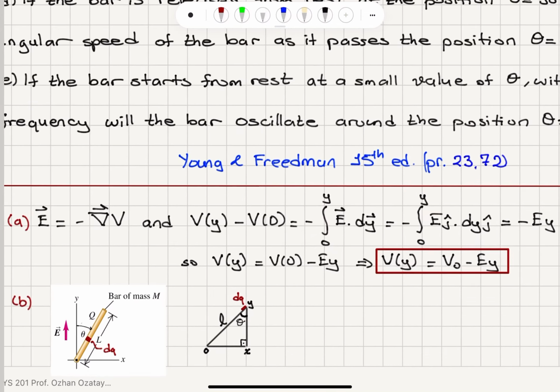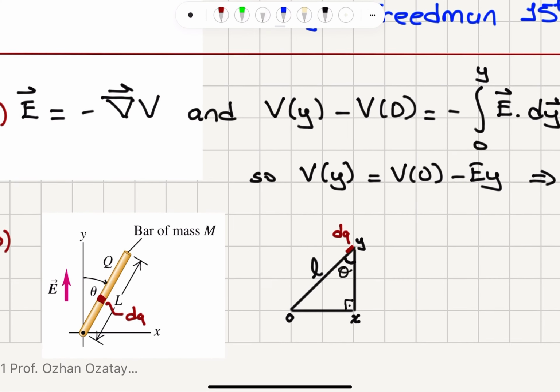All right, so in part B, we are considering infinitesimal charges dq on this bar, and the bar makes an angle theta with respect to the vertical axis.